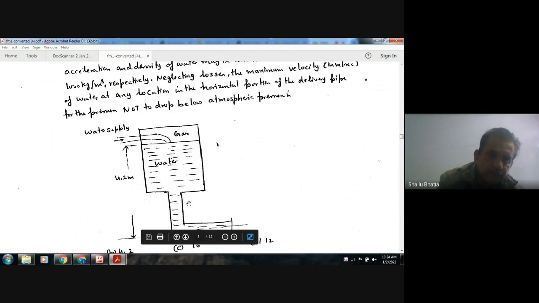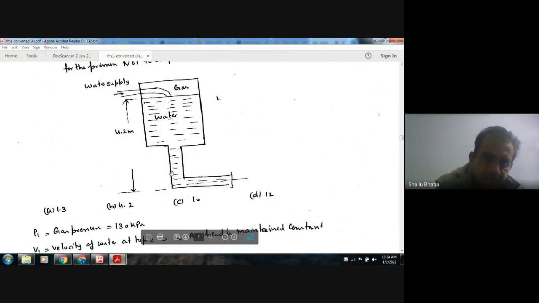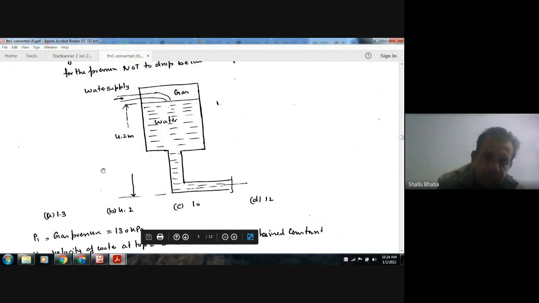So this is the figure given here. There is some gas with the given pressure, and this water level is at 4.2 meters from this pipe. Here the atmospheric pressure is maintained. So we have to determine the maximum velocity.